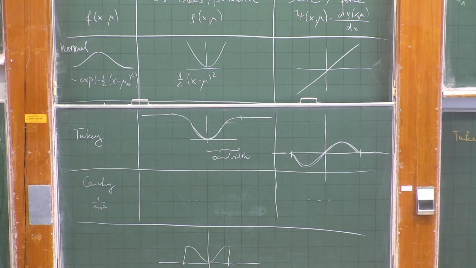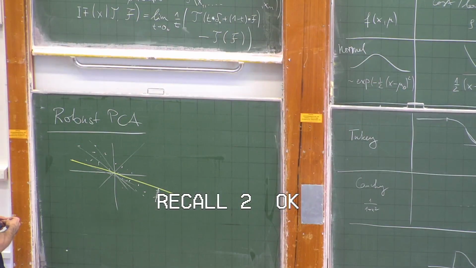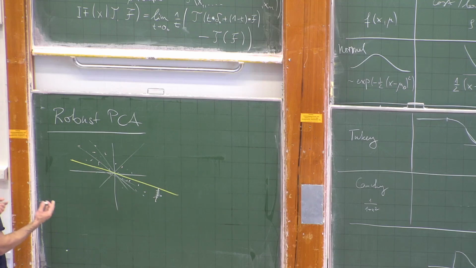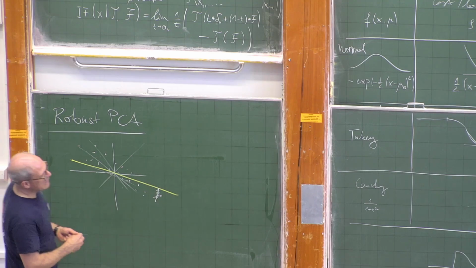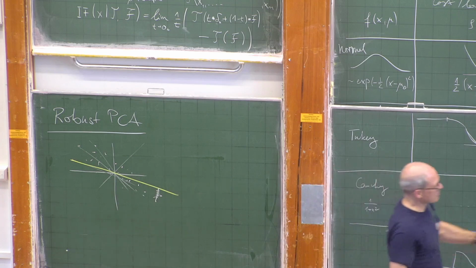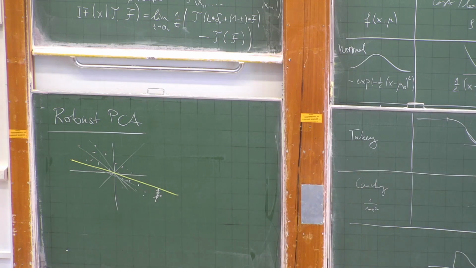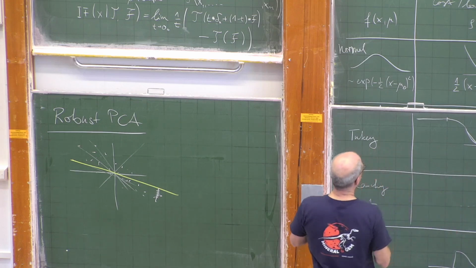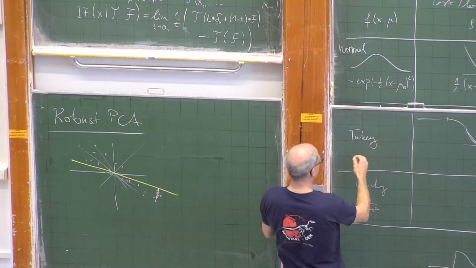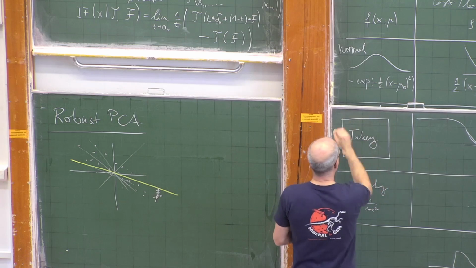Okay, so now we replace our harmonic spring with something else. But we already saw here that we had this problem of local minima. So now if we agree on, let's use Tukey, for example. Let's do Tukey PCA.